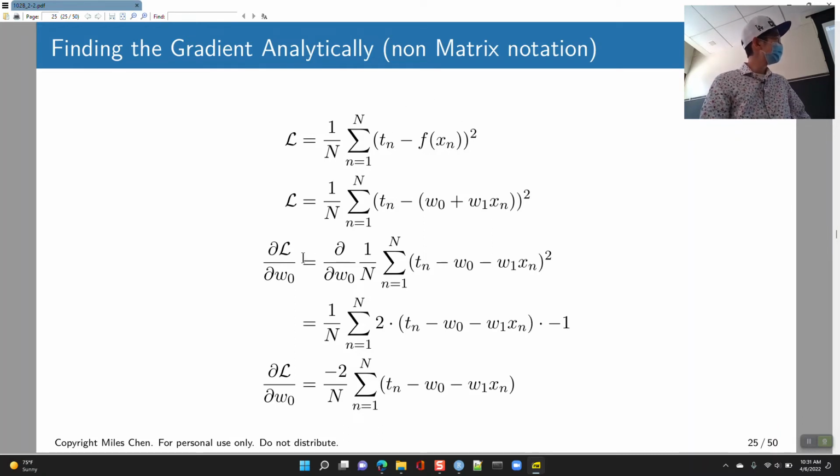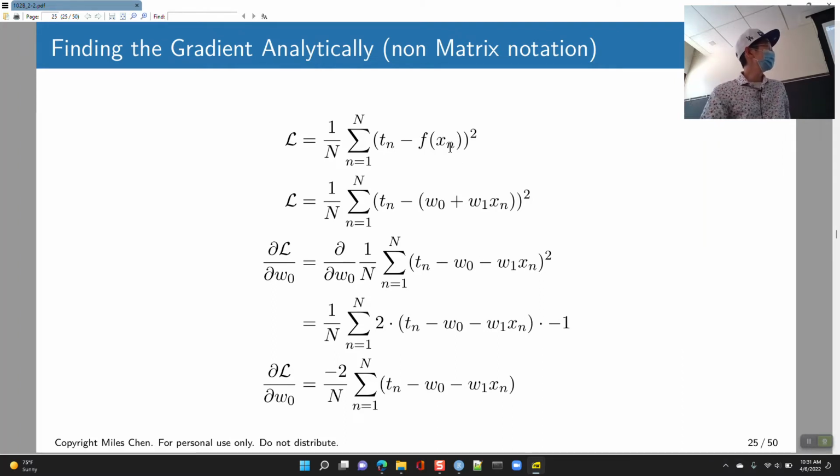If I find the gradient of this using non-matrix notation, it requires us to find two components: the partial derivative with respect to w0, that is the intercept, and the partial derivative of the loss function with respect to the slope.